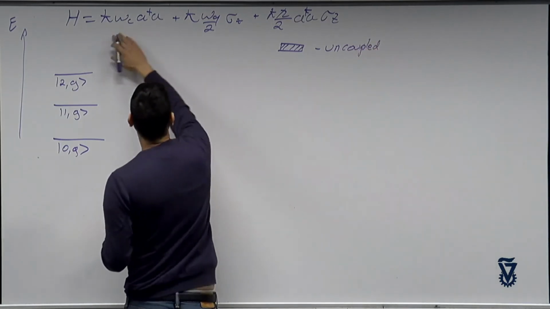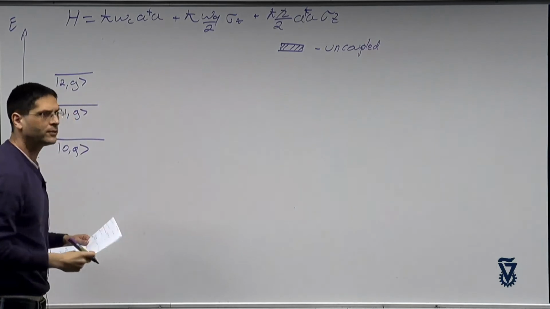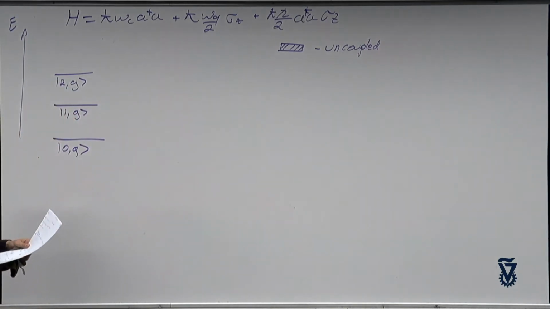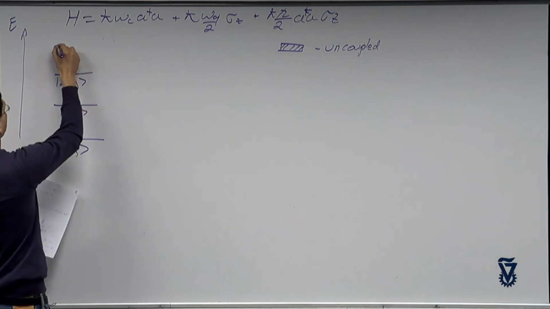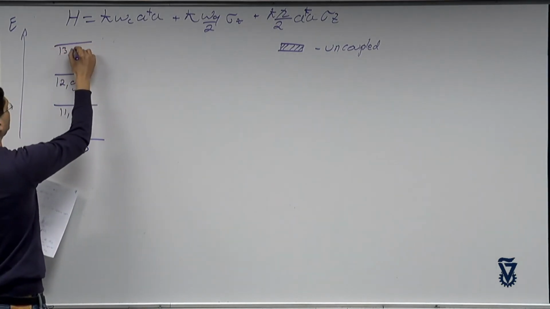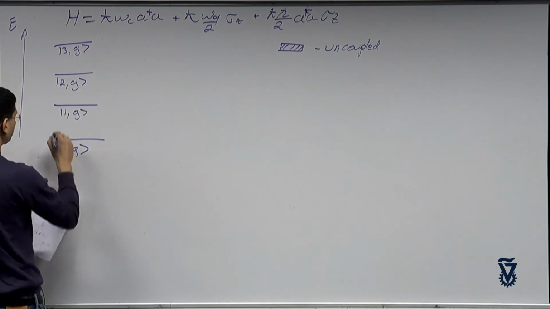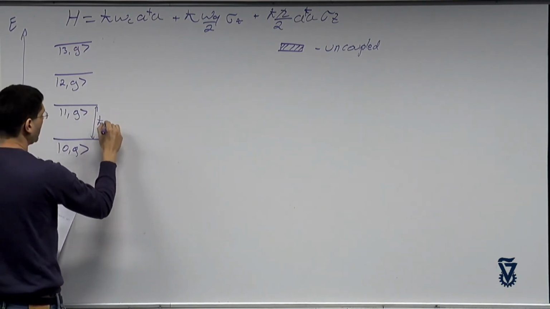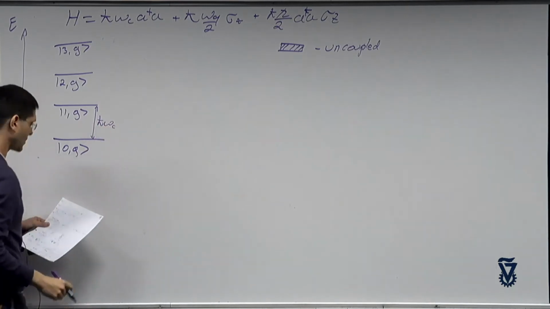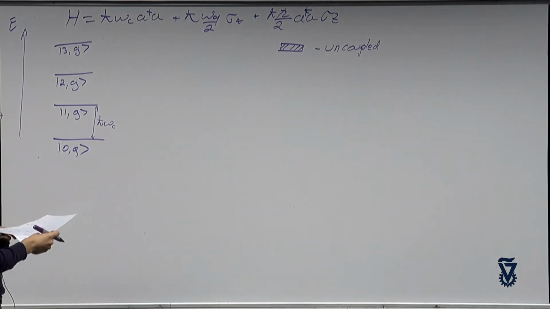So in purple I'm drawing just the bare levels, and then I will show you the shifted levels. So the bare levels like this, this is 3, G, and the energy difference over here is just h bar omega c.